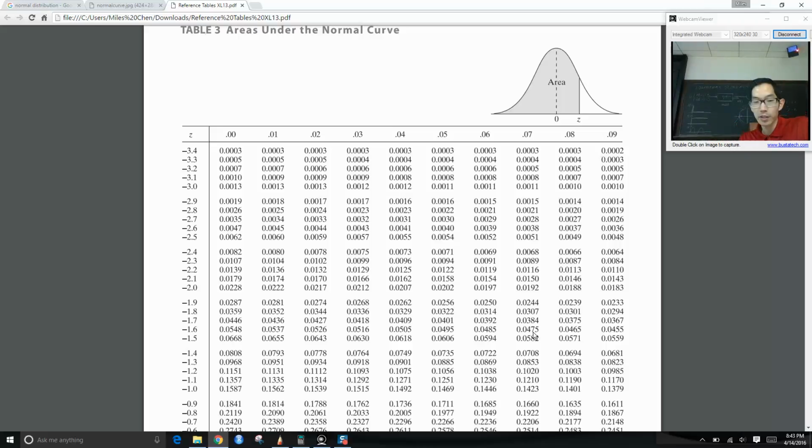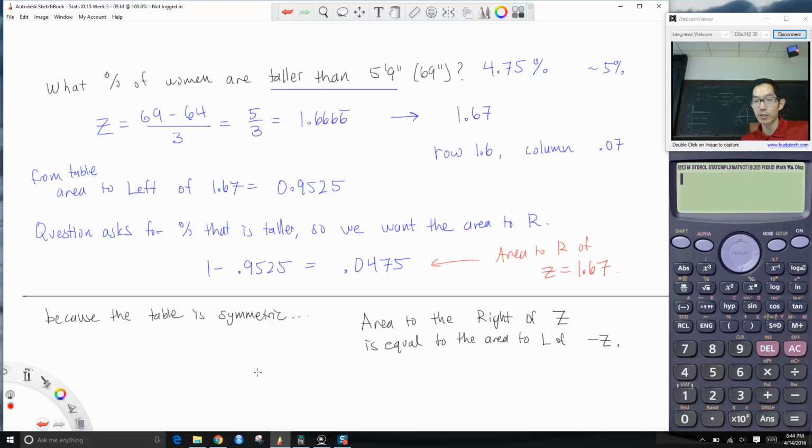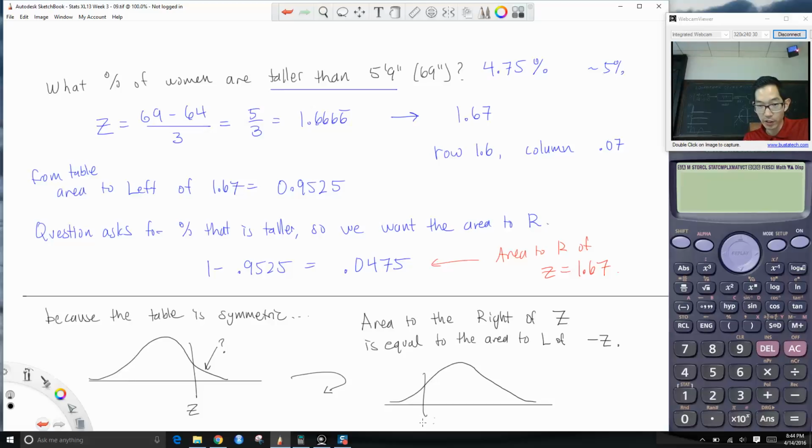That's just a nice little thing that could be helpful. The area to the right of z is always going to be equal to the area to the left of negative z. If this is z over here, we can flip this around and just find the area to the left of negative z.